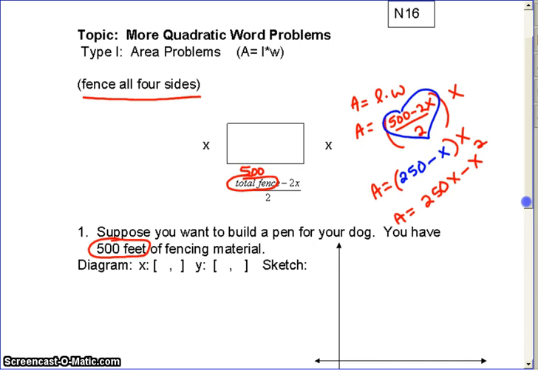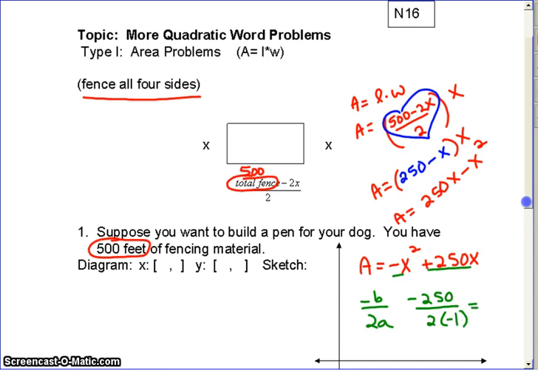Okay, so I'm going to look at it like this. A equals negative x squared plus 250x. And I want to use the formula negative b divided by 2a. B is 250, so negative 250 divided by 2 times a, which is negative 1.